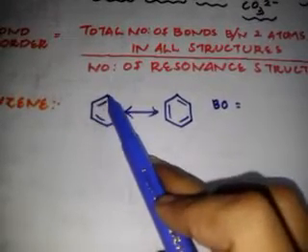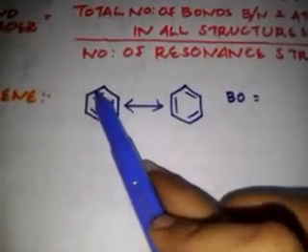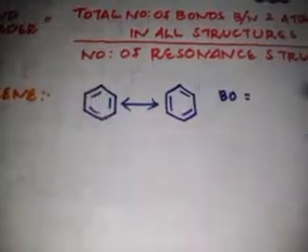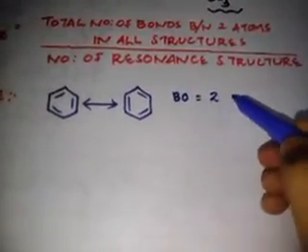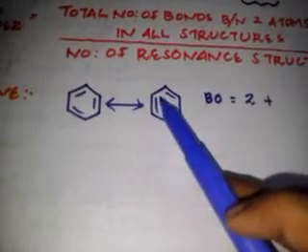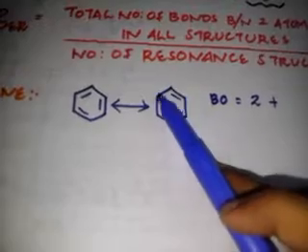Now let's consider these two atoms. Here the number of bonds is 2. Look, 2 bonds between these two atoms. So 2 plus, when we come to this structure, there is only one bond between these atoms.